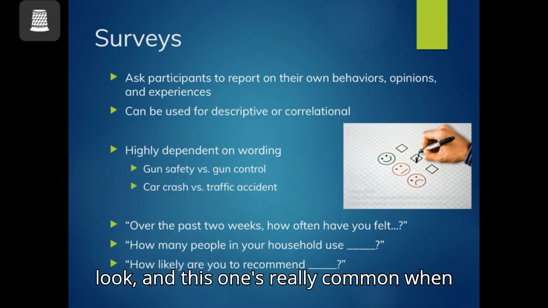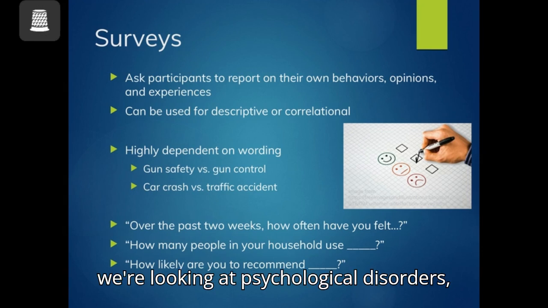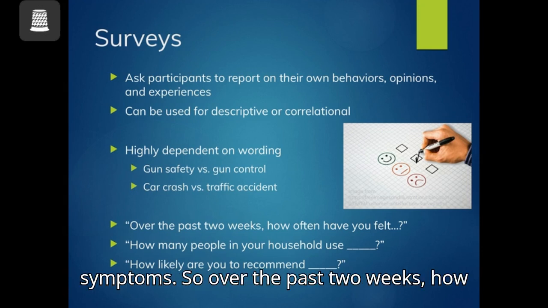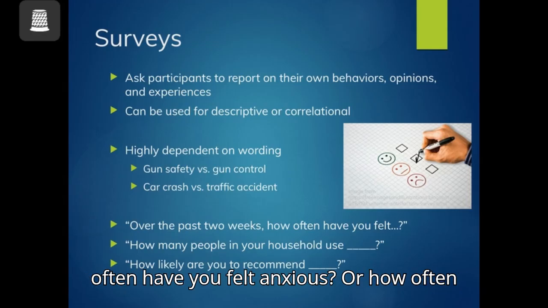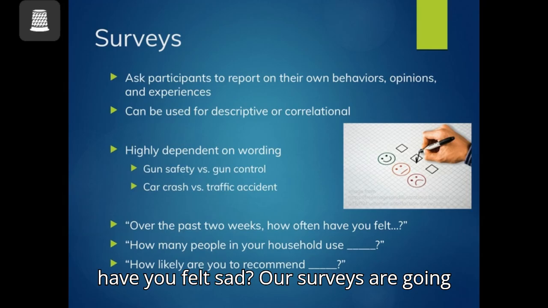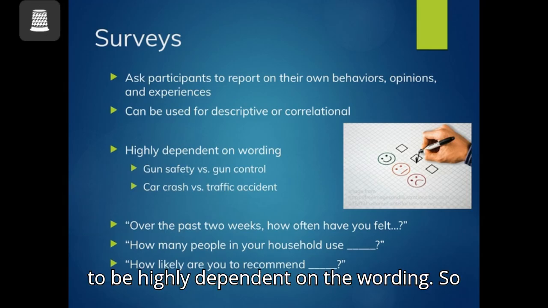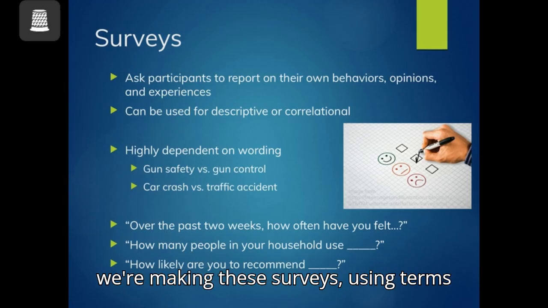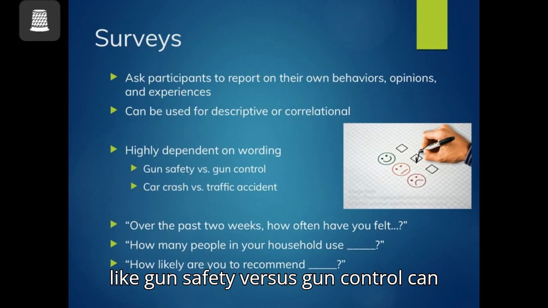We can also look, and this one's really common when we're looking at psychological disorders, is asking people to report on their symptoms. So over the past 2 weeks, how often have you felt anxious, or how often have you felt sad? Now, surveys are going to be highly dependent on the wording. So we have to be really careful when we're making these surveys, using terms like gun safety versus gun control can really change the way that people view a question.